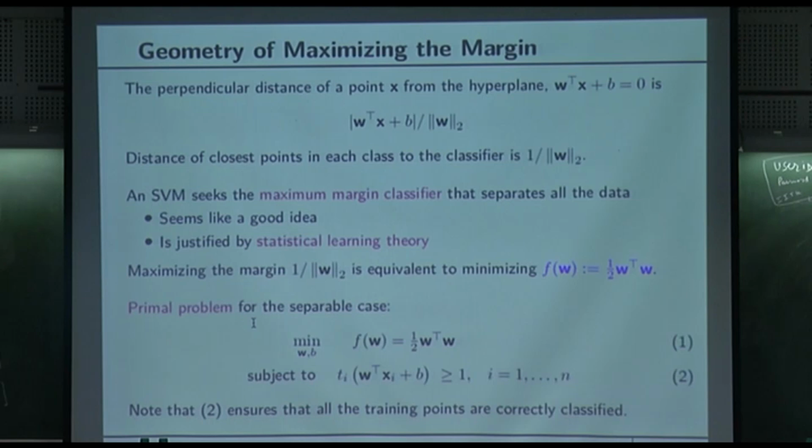Now the problem is that in reality, n could be in hundreds of thousands. Even in a small little problem, the number of data points that you have are in hundreds of thousands. We now want to use support vector machines for all kinds of things.